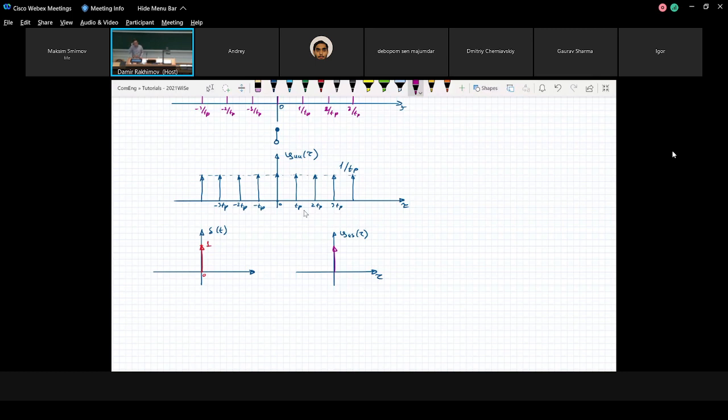And this is a conceptual difference between autocorrelation for a periodic sequence and for an energy signal. Because again, if you take a periodic signal or random signal, general energy will be infinite. As a result, autocorrelation also will be infinite. In order to avoid it, we start operating with power. Here we normalize by the period or spacing between delta pulses.